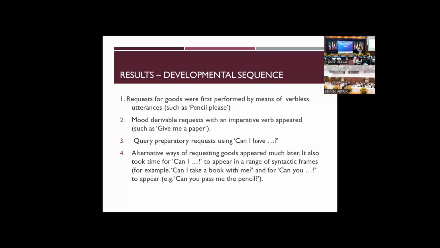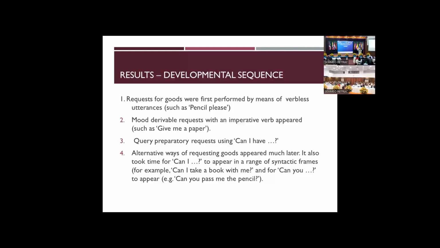It was quite clear that there was some kind of developmental sequence going on. Requests for goods were first performed by means of verbless utterances. Well, when these children first made requests, they didn't even use a verb. They would just say, pencil, please, paper, color, etc., for something that they wanted.